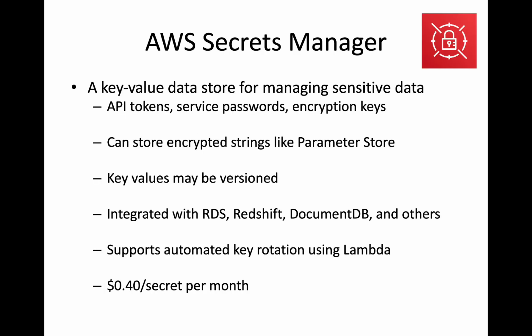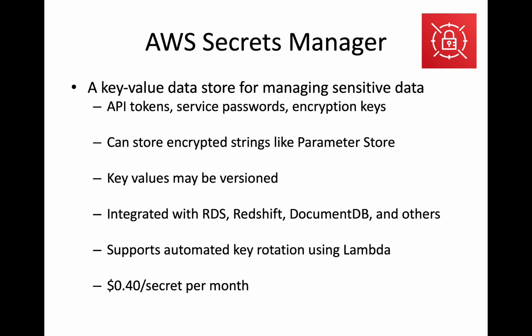Another AWS service is the Secrets Manager service. Like Parameter Store, this is also a key value data store, and it's specifically designed to store sensitive data, things like API access tokens, passwords, and encryption keys.